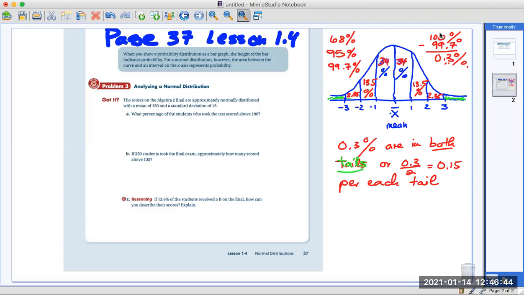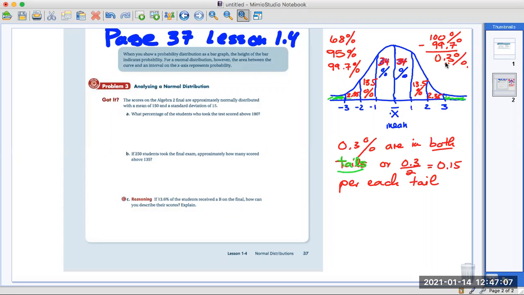Notice these don't add up to 100%. The whole curve is 100%. The reason is we have these little tails that I made green, and those might have some data points, and they might contain an outlier. That's why these are so few percent.